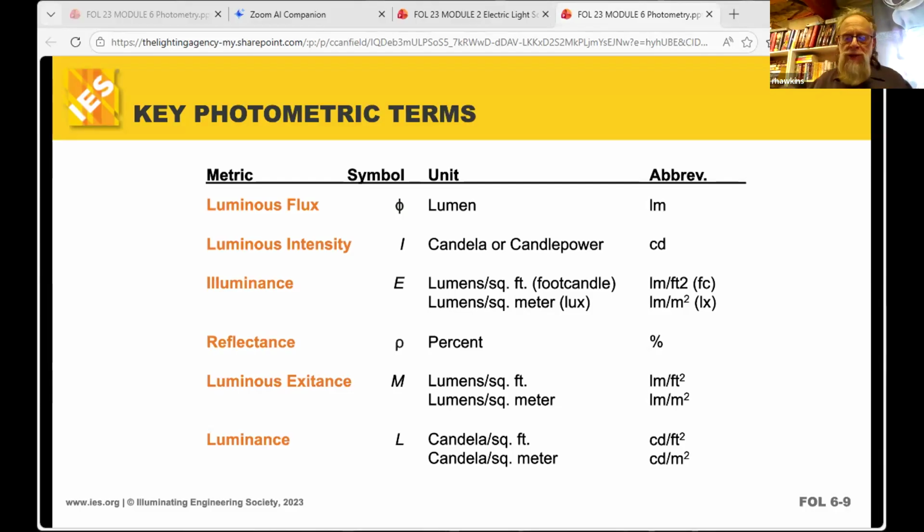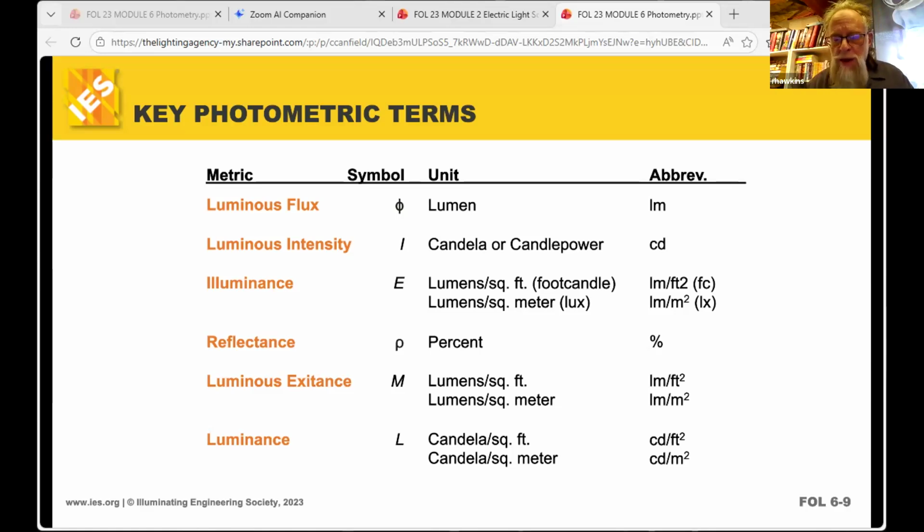So you shine that same laser onto your bathroom wall, you'll probably still see a dot at an angle equal to the incident on the far wall from your laser, but you'll probably also see a much brighter little dot of the laser on the wall because it is sending some back to you as part of that diffuse reflectance. That's what comes into play in the next category here, luminous excitance.